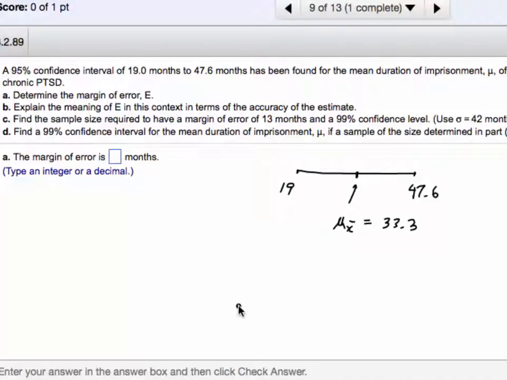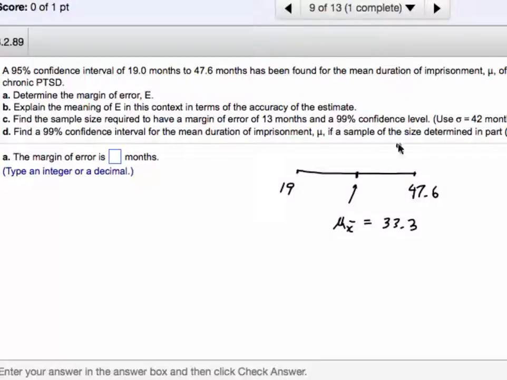Months. Okay, so the mean, so it's like we took the sample and we got a mean of 33.3, and that was our point estimate for the population mean, and then they built a 95% confidence interval for that population mean. Okay, of the number of months, duration of months for imprisonment. Okay, determine the margin of error.